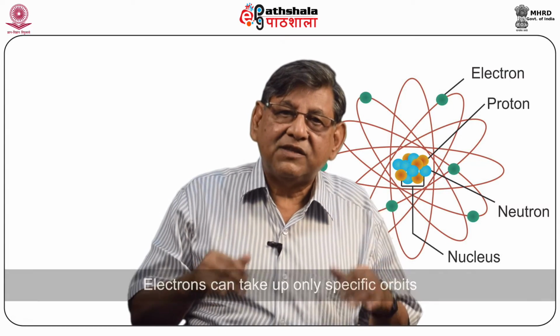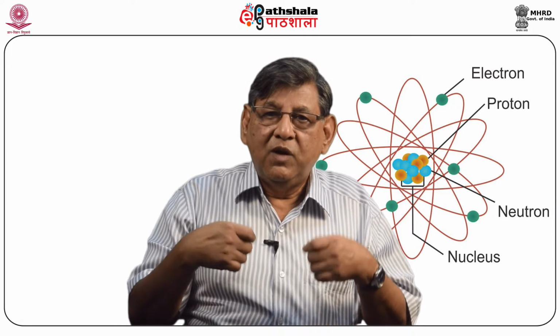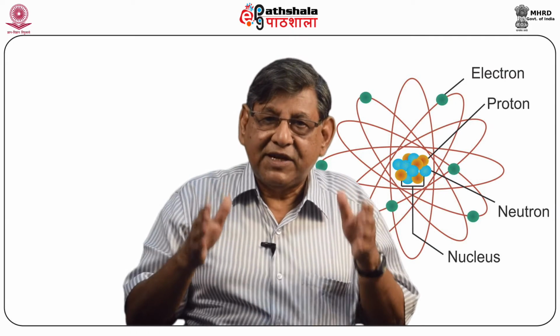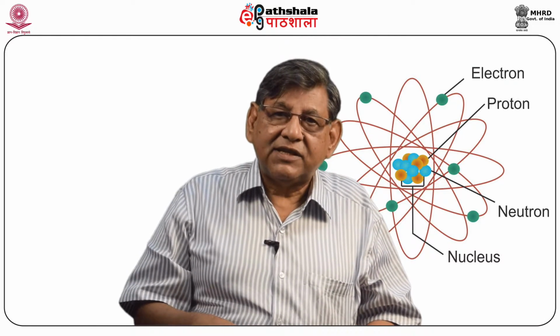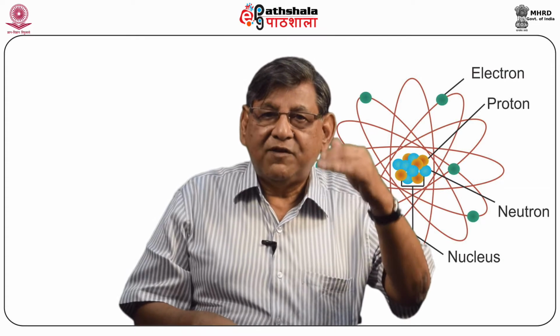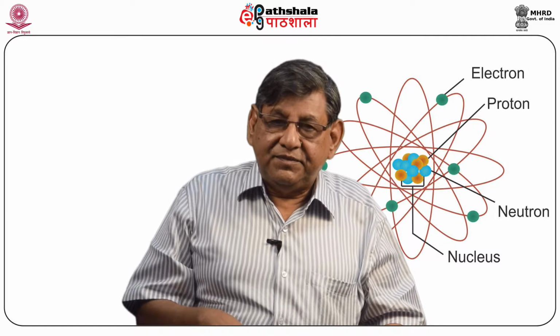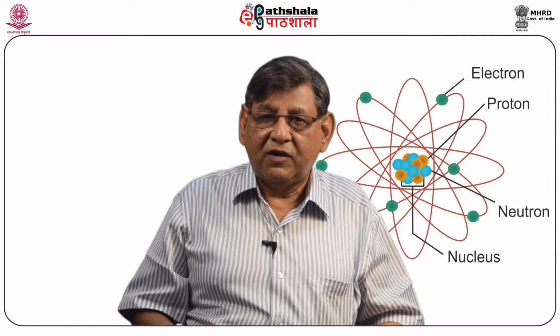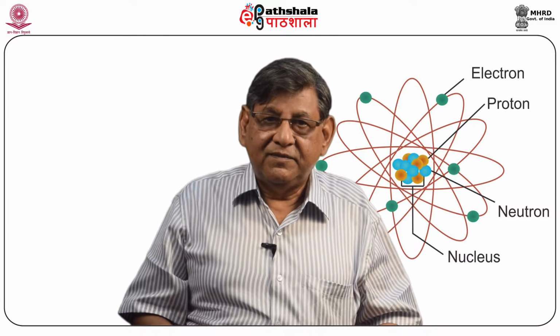As I said, the electrons can take up only specific orbits, but if you subject the atom to radiation, then the electrons can absorb a given wavelength and jump from one orbit to another. And this gives rise to what is known as the hydrogen spectrum.